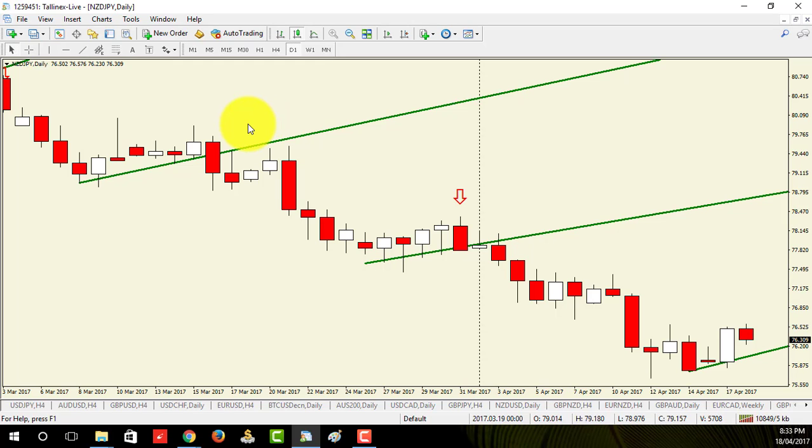So what you're really trying to do here is see that candle that finally says, okay, it's over. The move is done. The retracement is over. Let me know if you have any questions on this.